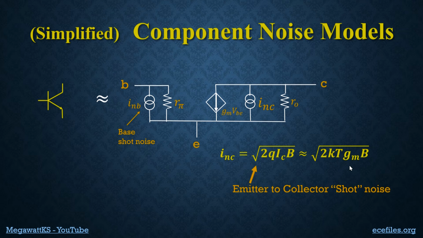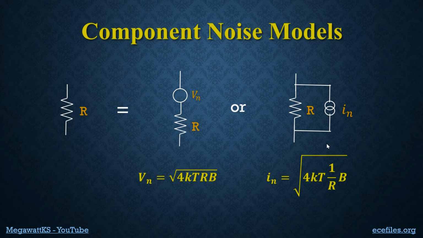If you think through it, this turns out to be on the order of the noise that's coming from the input of the amplifier, because it's coming from a source resistance after the matching network that looks like 1 over gm. This current right here is actually a little bit bigger than it would be from a source resistance, which would be this.